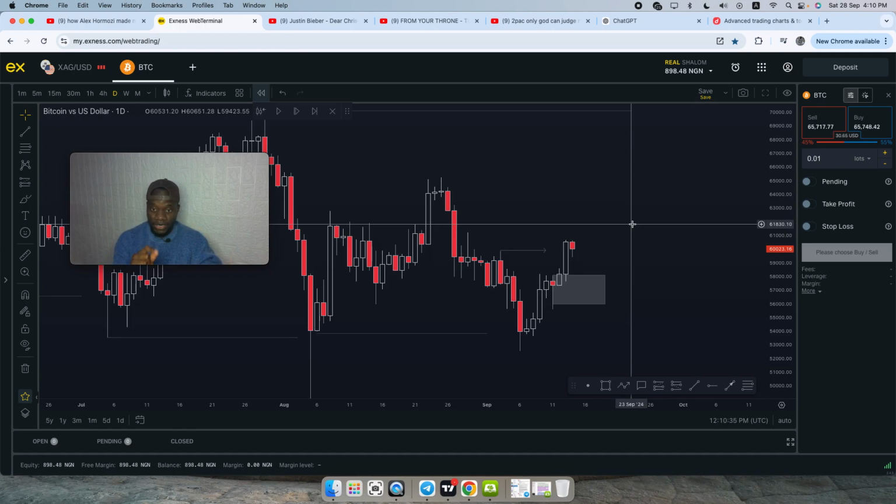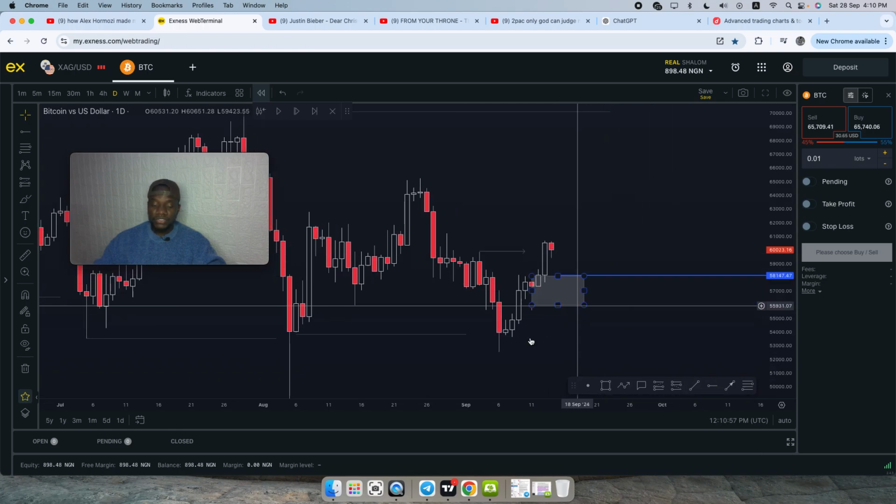Those places where you set those limit orders, when the market gets to that point, it triggers your position and takes you in the direction that you want to join the market with, right? So let's assume that the market has broken structure and we have our limit order here, okay? So what the market would usually do is this.